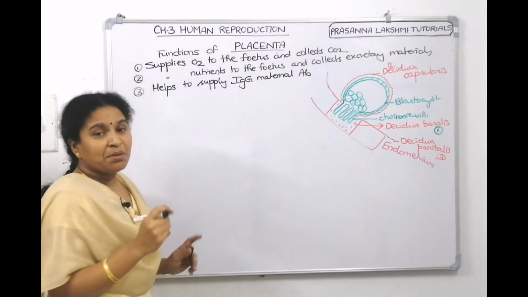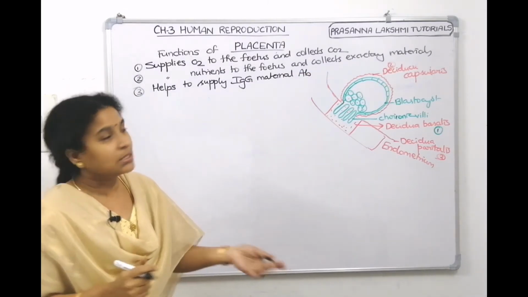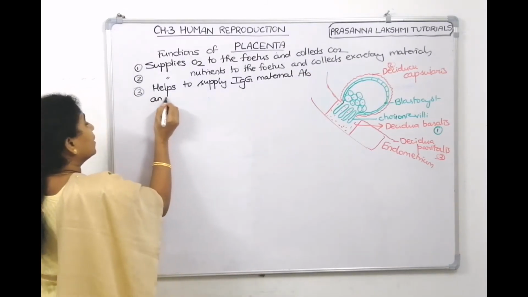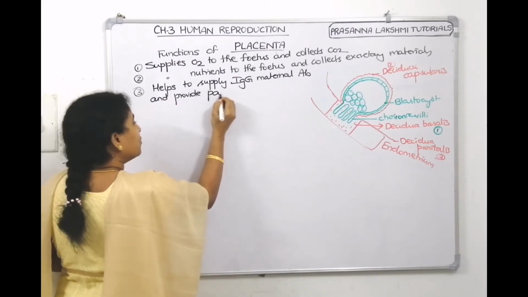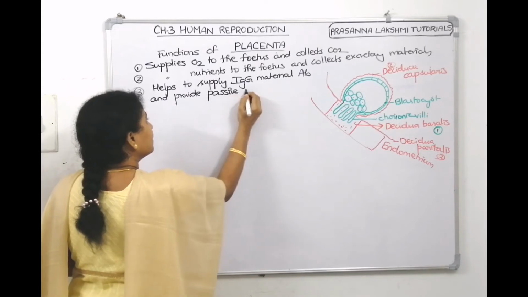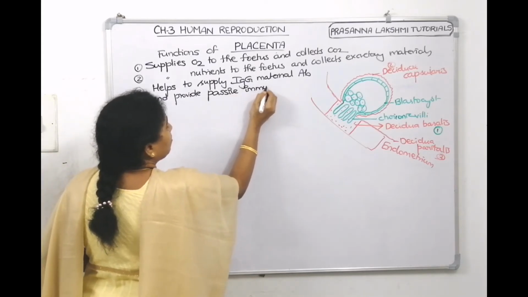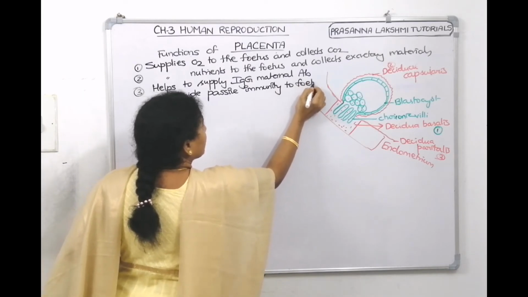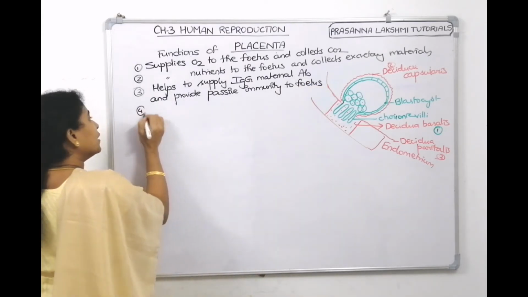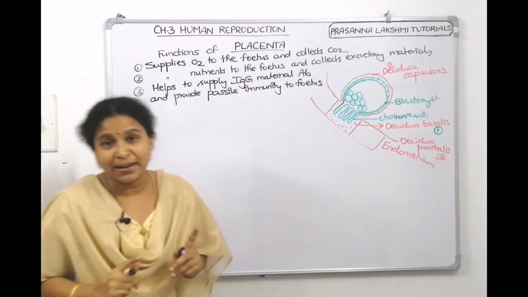IgG maternal antibody can cross the placenta and provide passive immunity to the fetus. So it is protecting the fetus by supplying IgG antibodies.